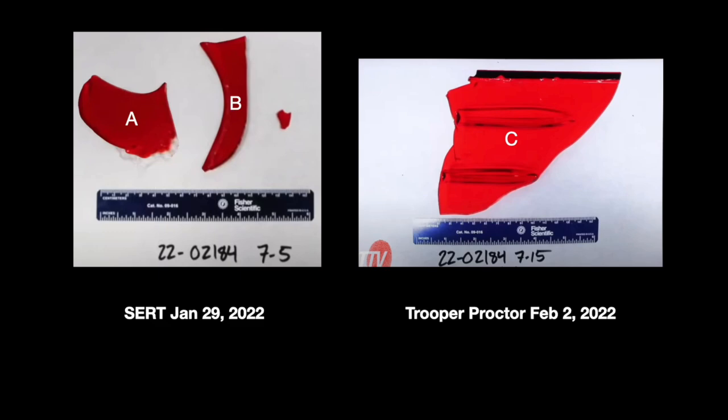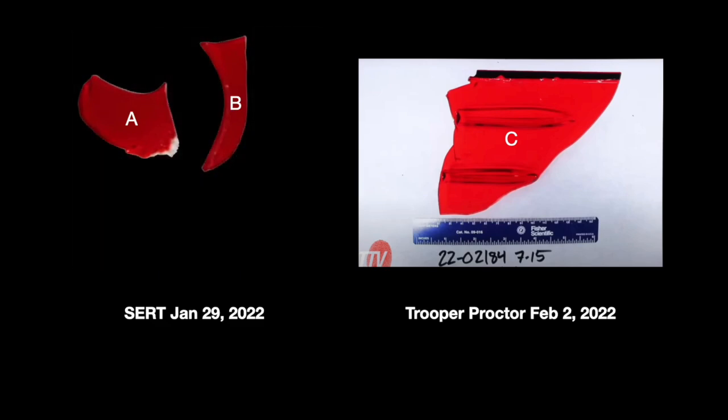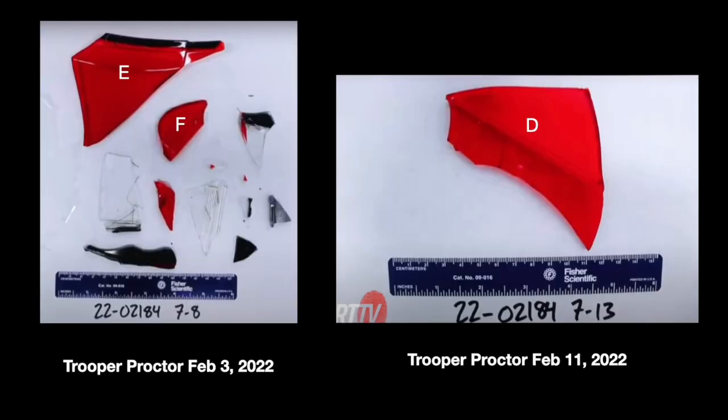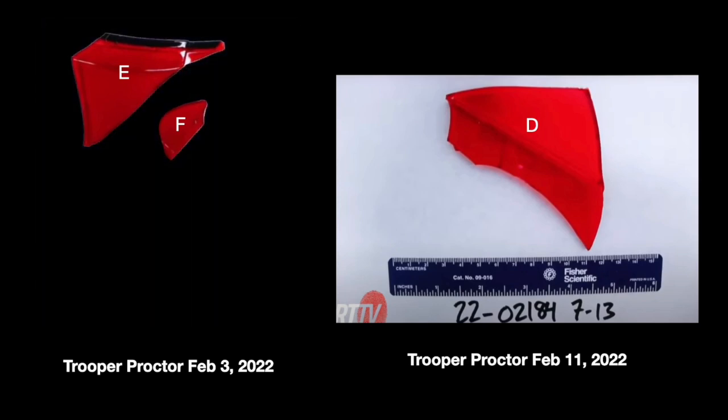Starting with the two pieces found by CERT on the 29th of January, piece A and piece B, followed by the large side piece found by Trooper Proctor on February the 2nd, which I've labelled C. Moving on to the pieces found by Trooper Proctor on February the 3rd, I have labelled E and F, again ignoring all these tiny bits and clear pieces.